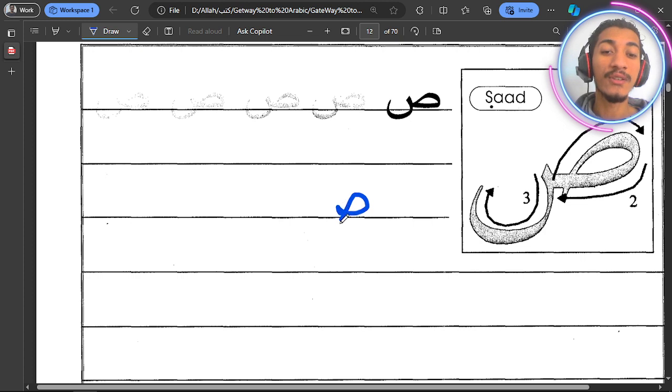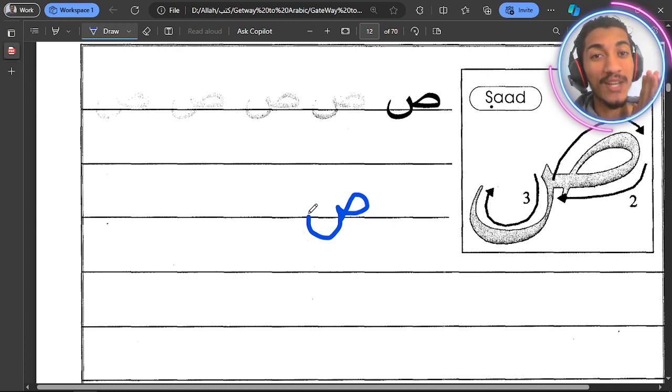If you notice, sod and seen are close in sound, and this is what we will learn inshallah in the next classes, that we have similars in shape and also similars in sound. But now the main difference between seen and sod is that sod is one of the heavy letters, and seen is one of the light letters.